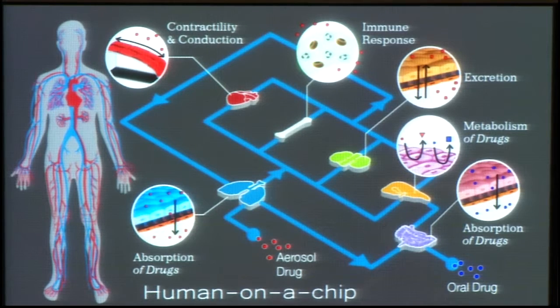You can imagine that by treating the lung chip with a drug, you can see the effect on the liver or on the excretion with the kidney chip, and see the contractility effect on the heart chips. Same with the gut chip here. The Wyss Institute was part of this big DARPA initiative that was awarded $37 million to connect 10 different organ chips for 1 month.